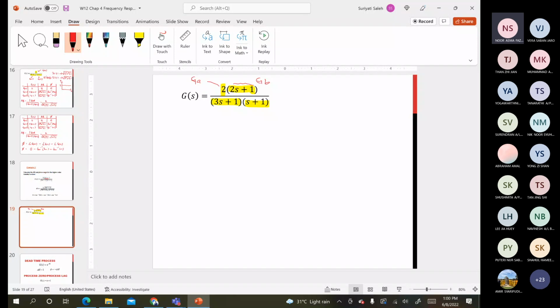For the numerator, I put the alphabets A, B just to differentiate the transfer functions. And for the bottom part, 3s plus 1, I put numbering G1 and G2 just to differentiate them. So here we have the transfer function GA, GB, G1, and G2. This is my transfer function.